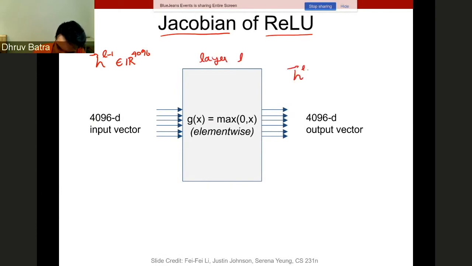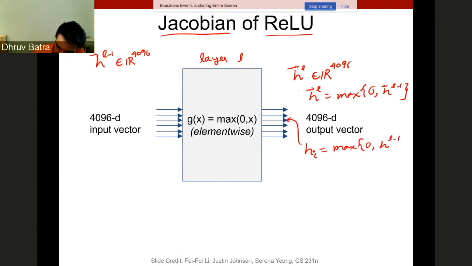This is h^L, which is also, let's say, 4096. We know that ReLU is expressed as h^L = max(0, h^(L-1)), where these are both vector quantities. Or if you want to express this as a scalar, for the ith neuron, h_i^L = max(0, h_i^(L-1)). So you just look at what the input is.